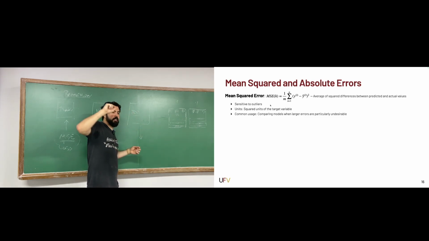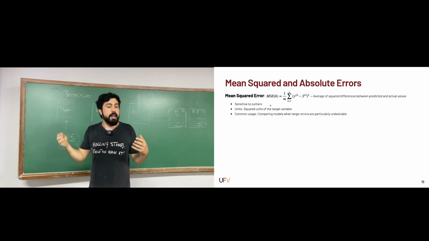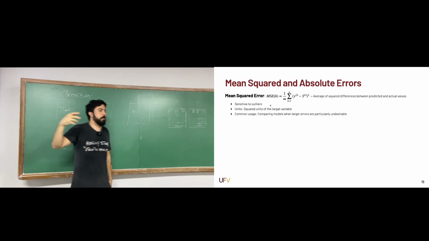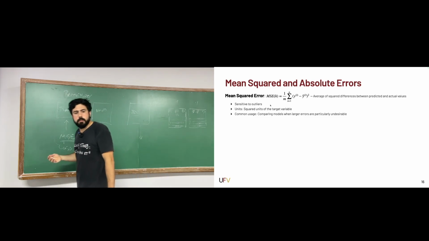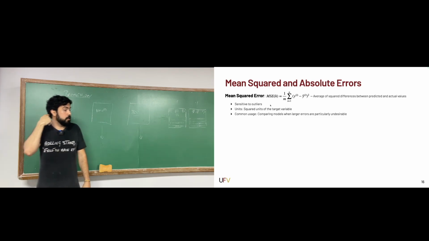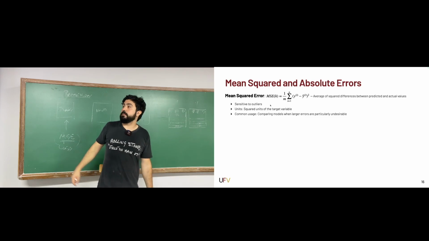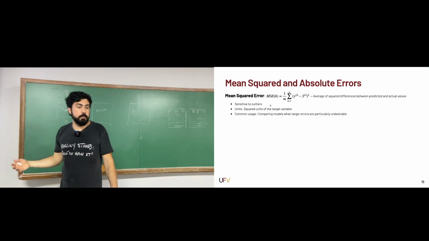So if you have an outlier that is a y way above your average, you're going to get a higher MSE. So if you don't want to account for outliers, maybe that's not the best metric to pick, because that metric is going to be higher if you have outliers in your data.